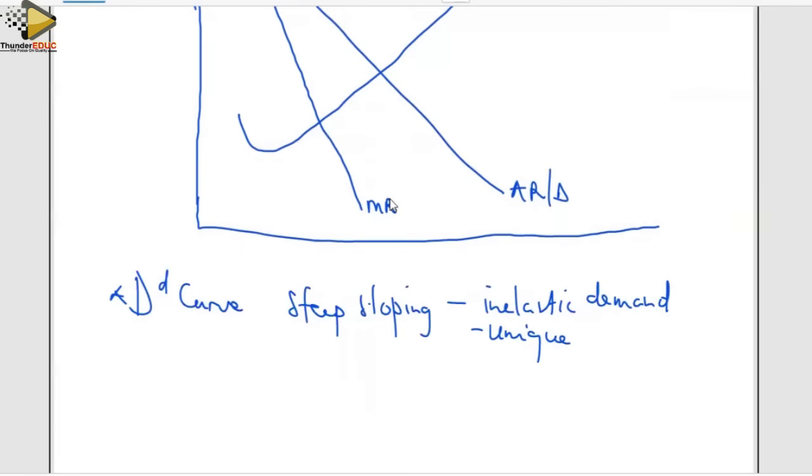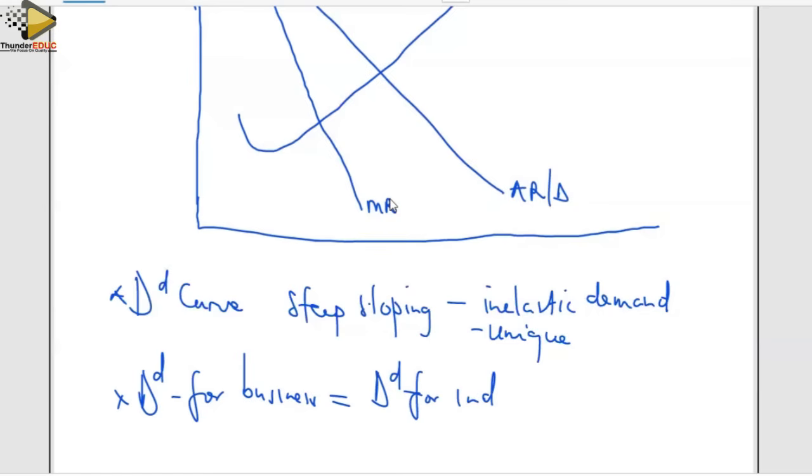Then if you're looking at it from the perspective of the market versus the business, the demand curve is also the market demand curve. It's one and the same thing. So the demand curve for the business is equal to the demand curve for the industry. Why? Because that one business is the only business.